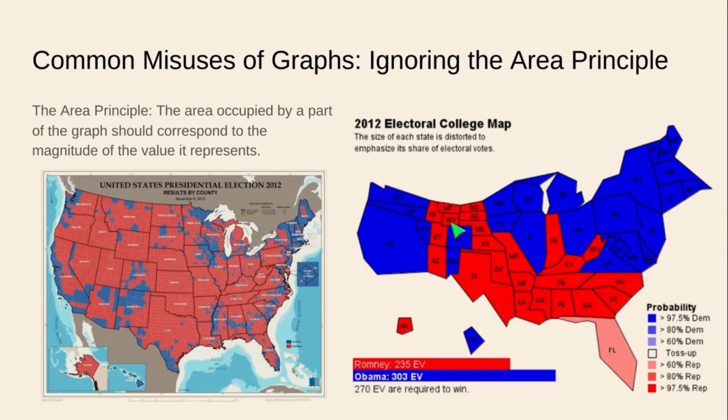And then you have Wyoming here being dwarfed by little states such as Connecticut, and even Rhode Island is a little bigger than Wyoming over here. So this gives you a much better idea of why Obama won that election over Mitt Romney. All right, the numbers here agree much more with the electoral map.